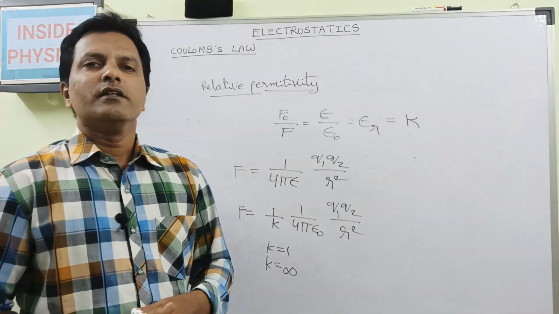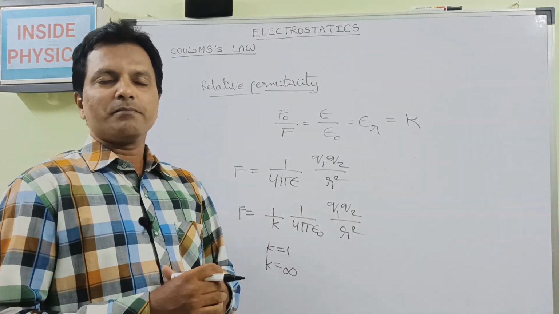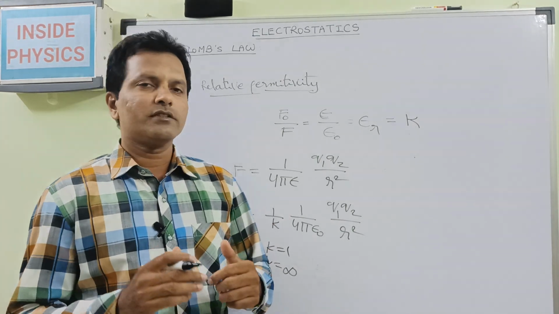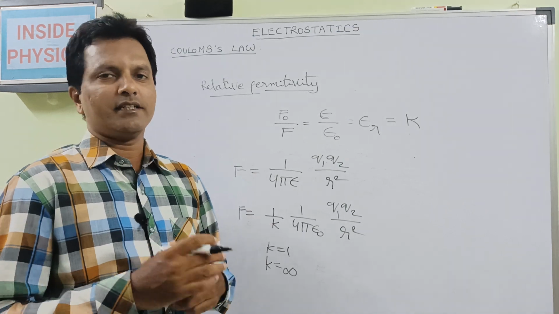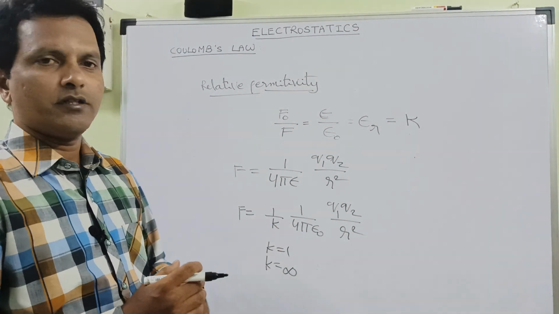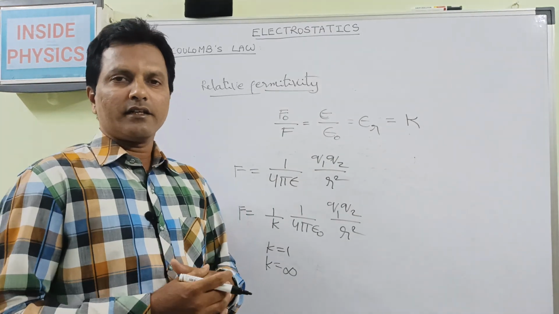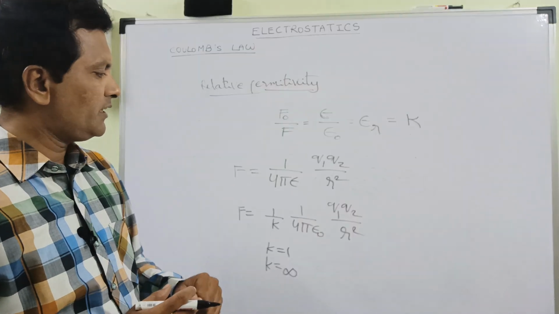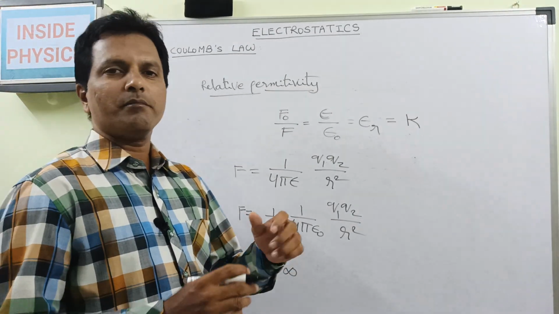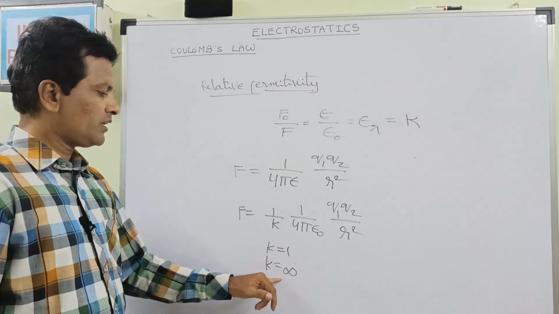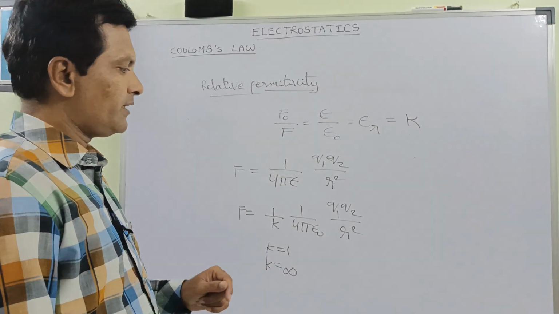That means if a glass slab is placed between any two charges, the force of attraction or repulsion will decrease because the dielectric constant will be more. If a good conductor like metal is placed in between those two charges, then K becomes infinity and the force of attraction or repulsion becomes 0, because for metals and good conductors K is equal to infinity.